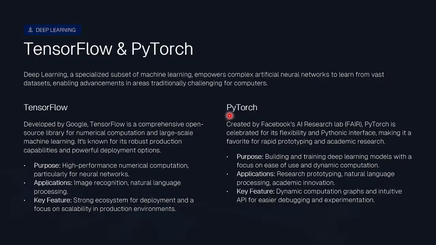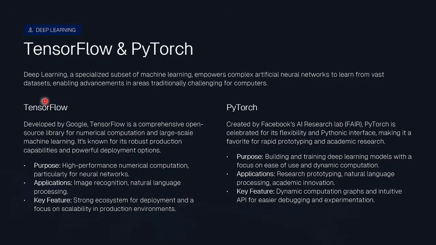And PyTorch is also a deep learning library. It was created by Meta, and basically it is used for prototypes and academic research. So if we have to build something that we are researching on or for experimentation purposes, then we use PyTorch. It is used for academic innovation or research prototyping and things like that.